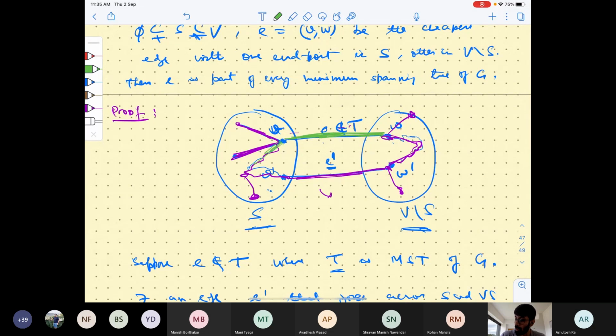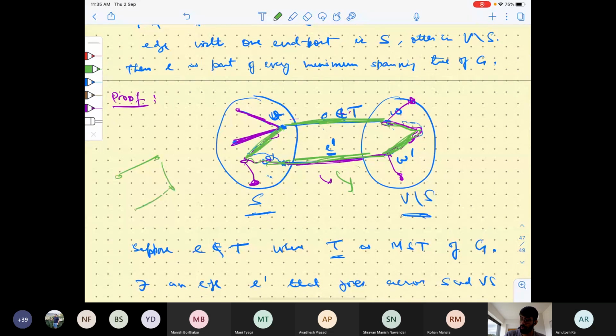So just to repeat what Shravan said: we add this edge first to this T. Now T union E contains a cycle, because all these edges are in T. Now if you remove just one edge from any cycle, then whatever you could reach from any vertex to any other vertex, you could reach from the other side.